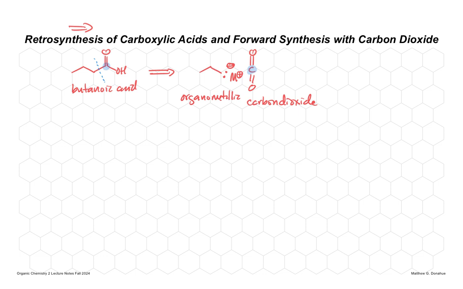So carbon minus, how did we learn how to make those? So we could start with, say, bromopropane. And then we learned that if we treat that with, say, magnesium metal and diethyl ether, that makes the Grignard reagent.